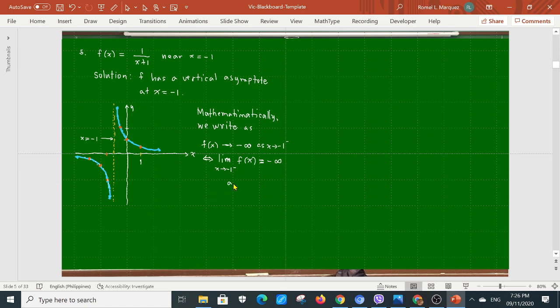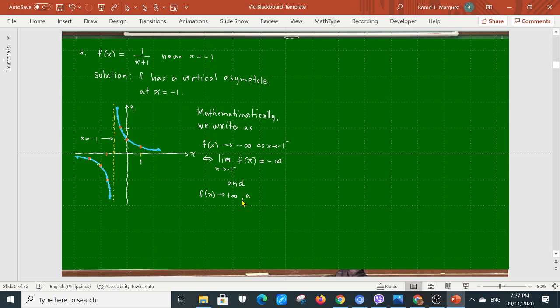And also, let's have from the right. What's happening? f of x approaches positive infinity. It keeps on growing. As I go to x equals negative 1, traveling from the right along the curve, it keeps me going up.